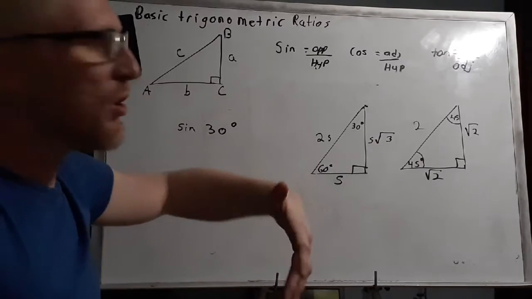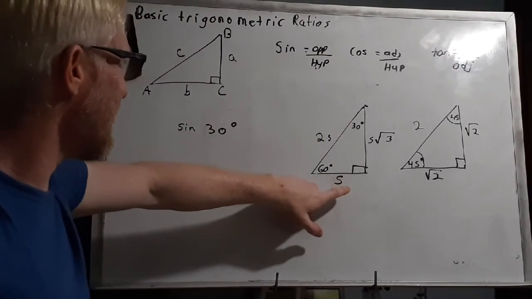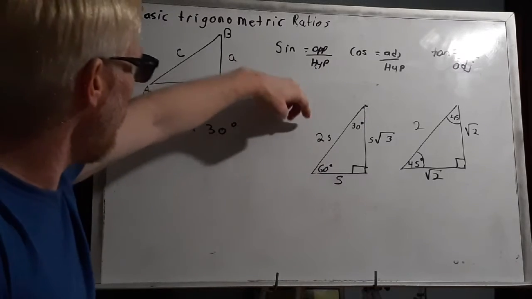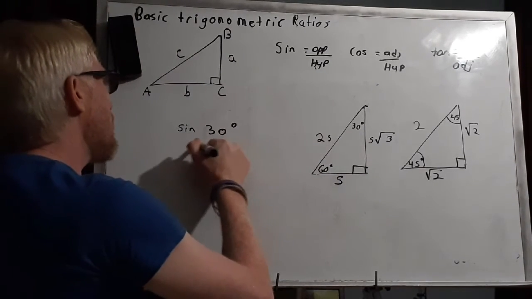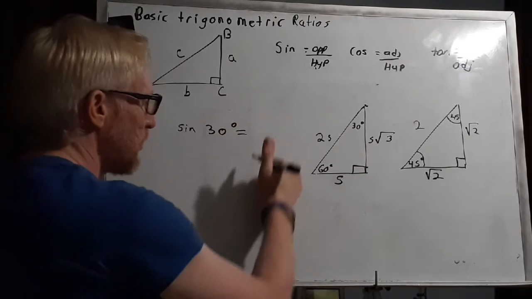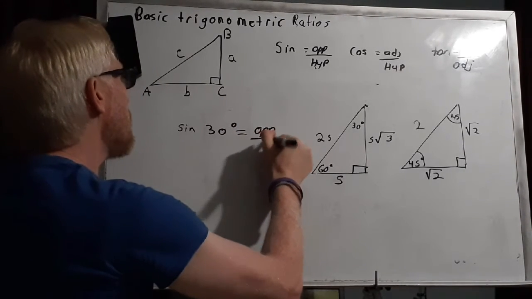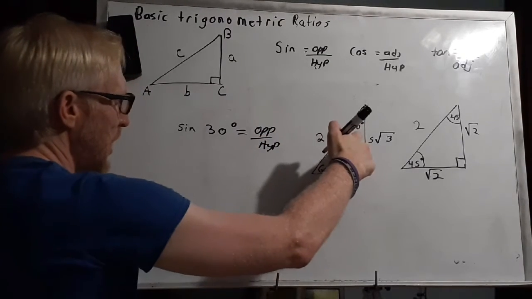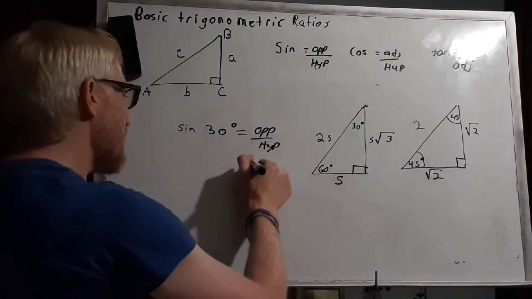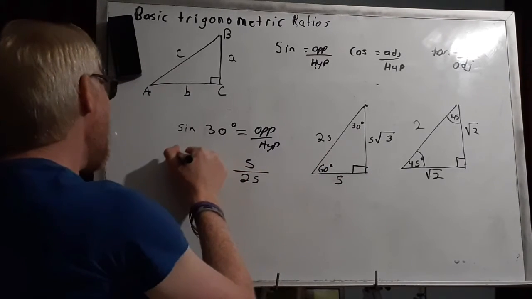So I'm going to look for the side that is farthest from 30, which in this case is S, over the hypotenuse, which in this case is 2S. So we say sine of 30 equals opposite over hypotenuse, so that you can follow me. Opposite being the side farthest from 30, which is S. Hypotenuse being 2S.